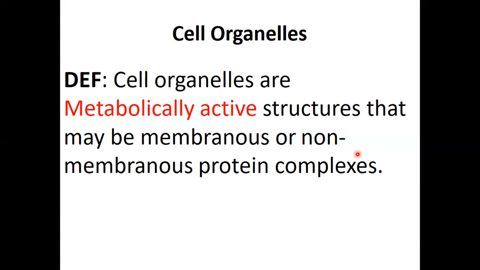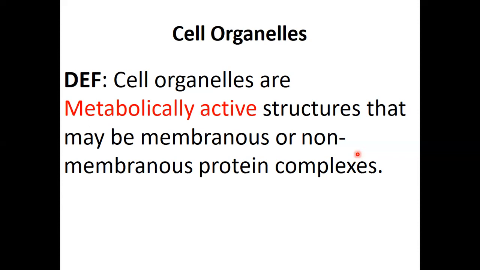So organelles, by definition, are metabolically active structures. And there are two types of organelles inside the cytoplasm: membrane-bound organelles and non-membrane-bound organelles. So what do we mean by membrane-bound?